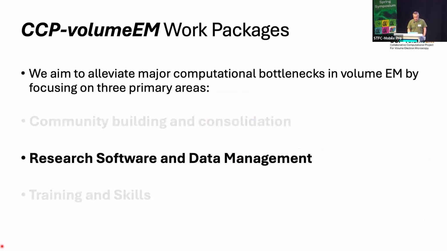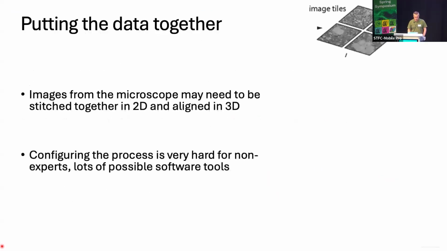For the software and data management, as I say, there are a lot of different things that we might need to do in our processing. A couple of the common things: we acquire data in tiles and stacks. So even the first step of stitching things together, stacking and aligning them is challenging.